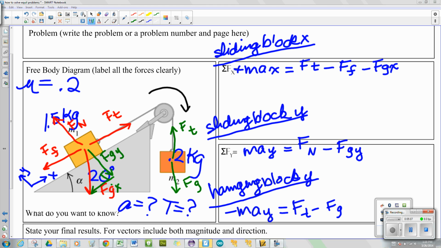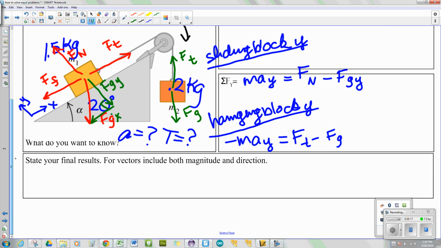All right, so let's take a look at our gravity triangle first, because I need components for here and for here. So if I scroll down and give myself some more space, I'm just going to reproduce my gravity triangle right here, so you can see clearly what the three sides are.